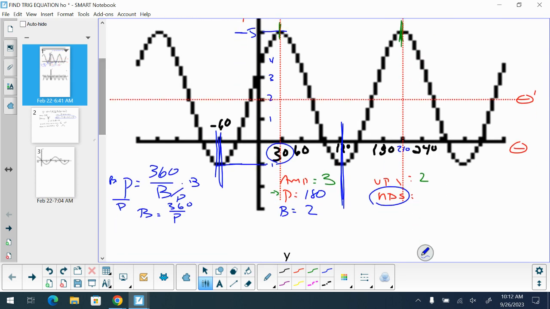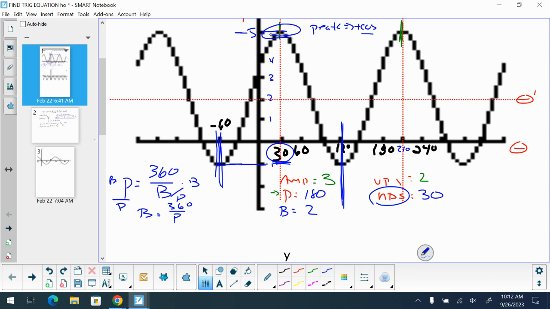So find a peak. And there's our horizontal phase shift of 30 degrees. When I'm at a peak, this gives us a positive cosine.